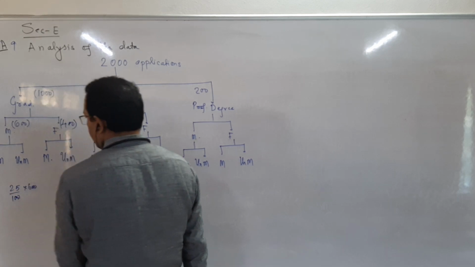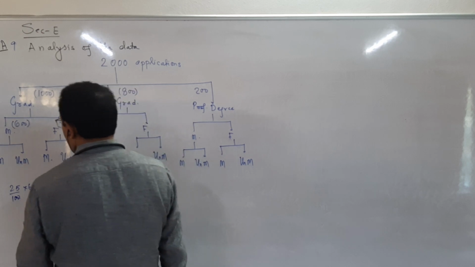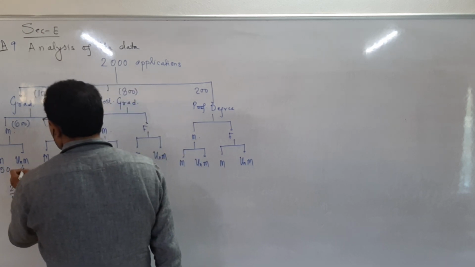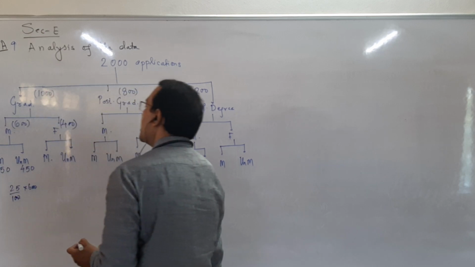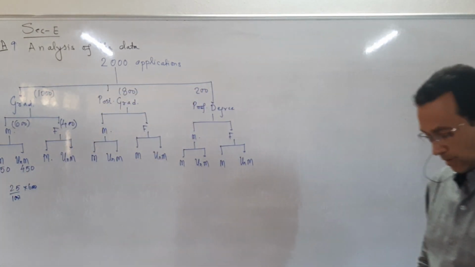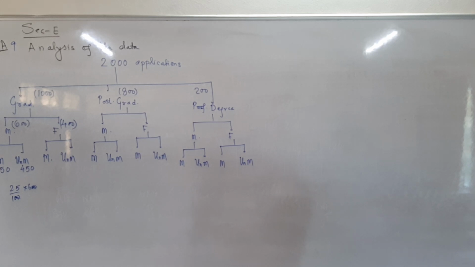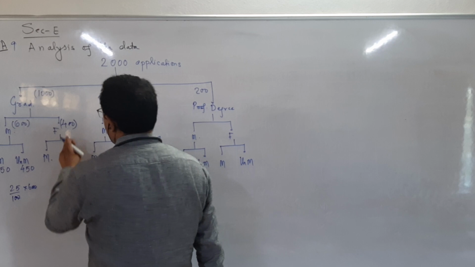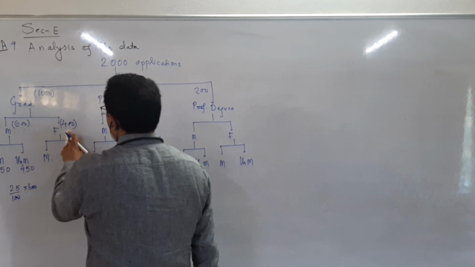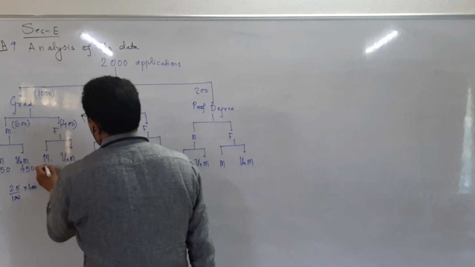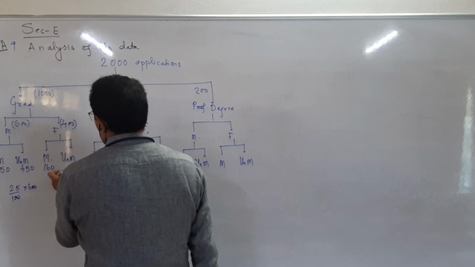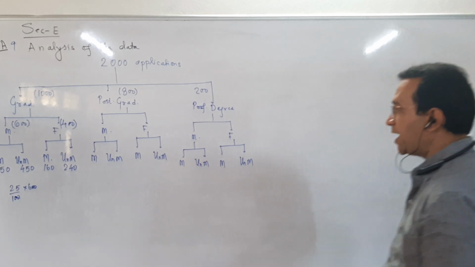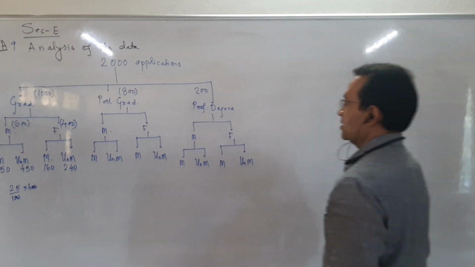So these two zeros get cancelled. 25 6s are 150. So 450 were unmarried. 40% of female graduates were married. 40% of 400 would be 160. So definitely 240 were unmarried. 400 minus 160 were unmarried females.